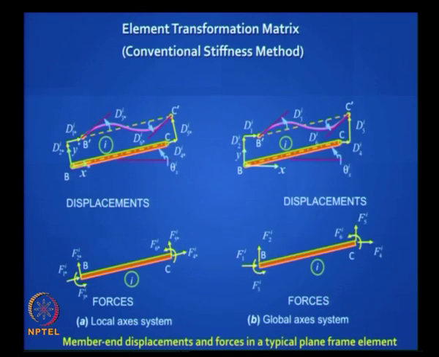Now I am taking the same element and the same displaced configuration, but I am choosing to define the displacement d1 as parallel to the x axis, do you see, and di2 as parallel to the y axis, and d3i does not change, it is the same as d3i star.